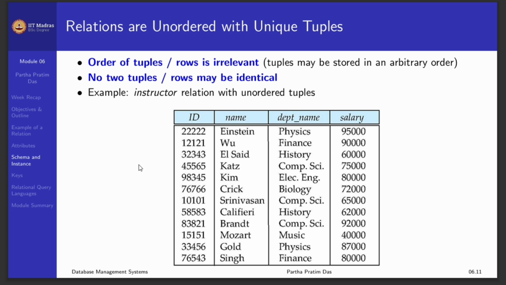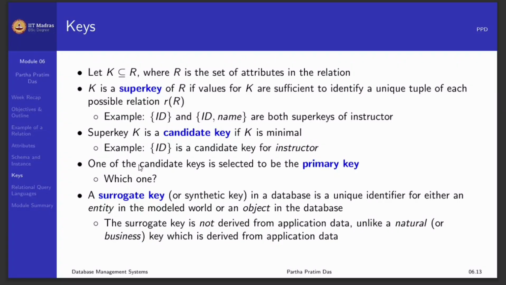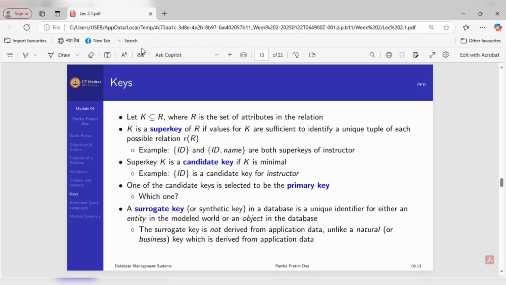Now comes the concept of candidate key. What is a candidate key? A candidate key is nothing but a minimal super key. Suppose here we have ID and ID-name. Both are super keys, meaning both sets of attributes can uniquely define all the tuples in a table.